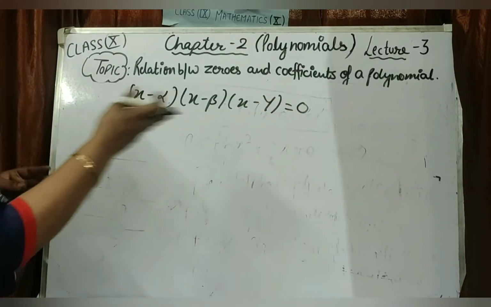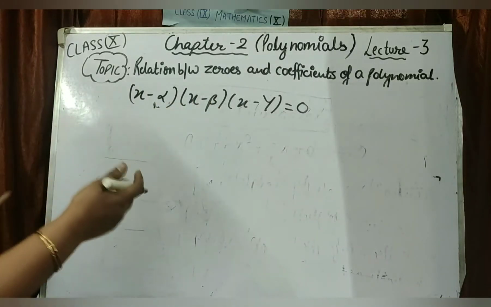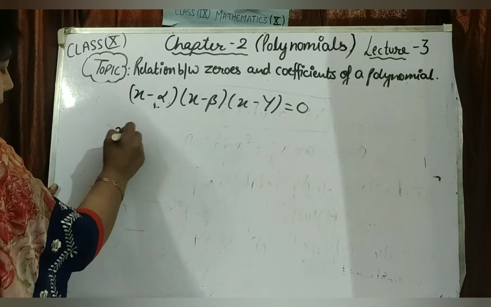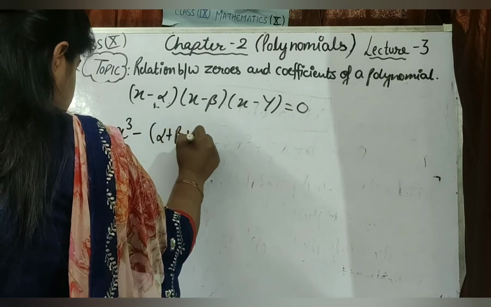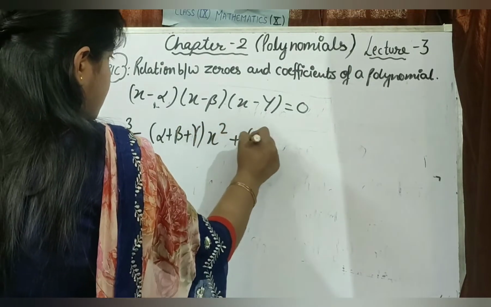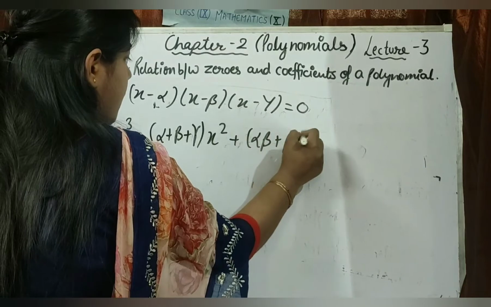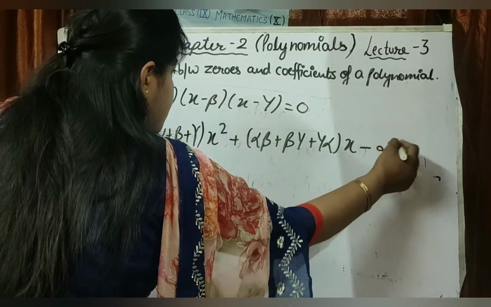When we multiply all these, at last we will get x cube minus (alpha plus beta plus gamma) into x square plus (alpha beta plus beta gamma plus gamma alpha) into x minus alpha beta gamma.